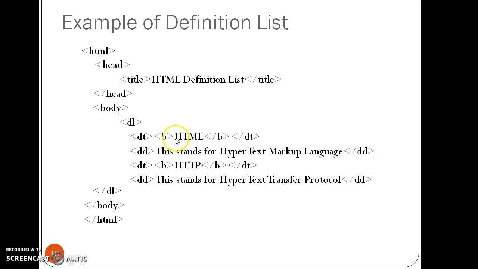That means you are giving a term and also giving some definition to that term. The next term that we are using here is HTTP. This is our data term, and the data definition for this data term is hypertext transfer protocol. Like this, in this example, we are defining two terms and their respective definitions.